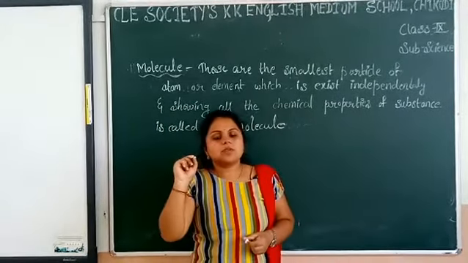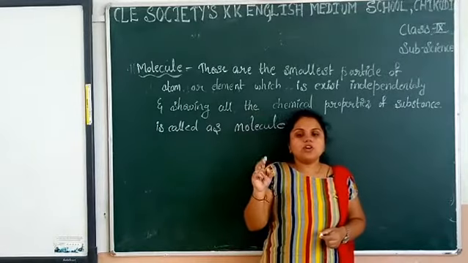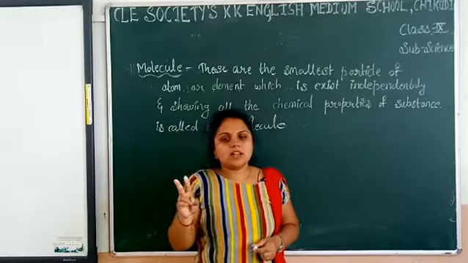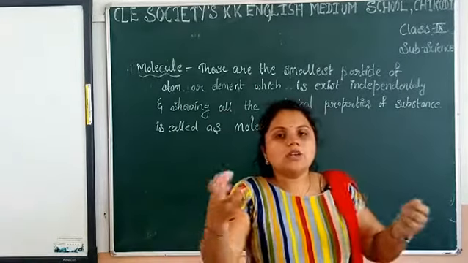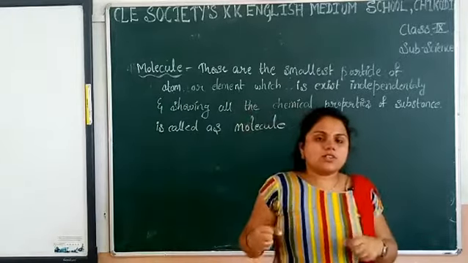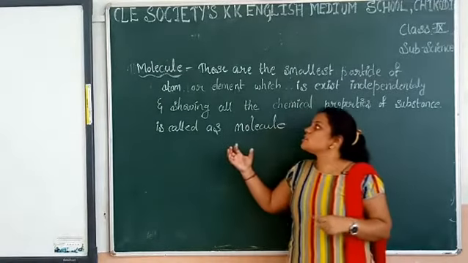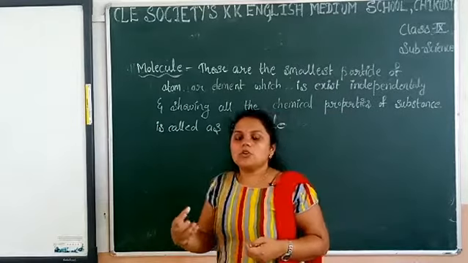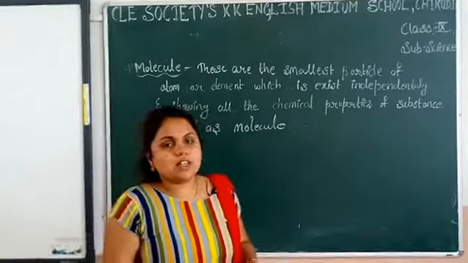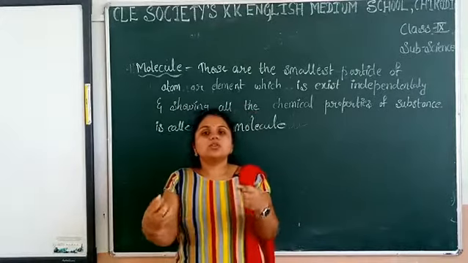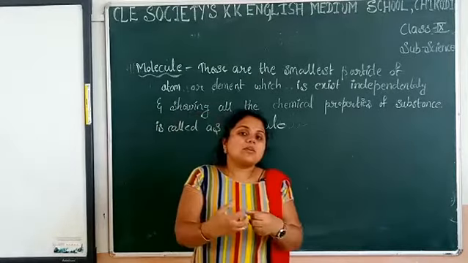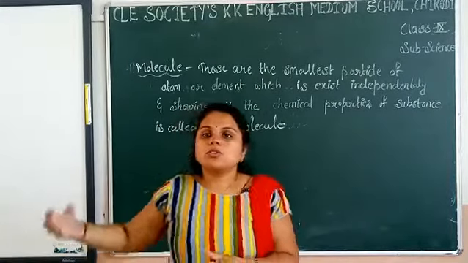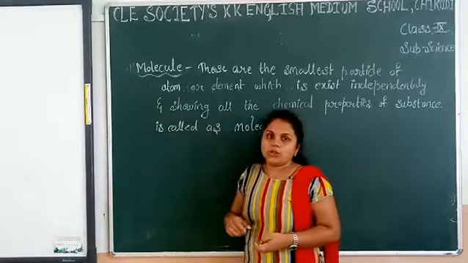Okay. So a molecule is a group of two or more elements that are held together by attractive forces. How are these elements attracted to each other? Due to the attractive forces, they are held together to form a molecule.